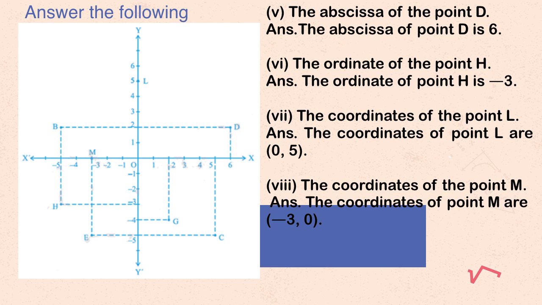So if a point lies on the x-axis, that means its y coordinate is 0. And what is the value of x? Where is it lying on x? It is lying at -3. Therefore, the coordinates of the point are -3, 0.